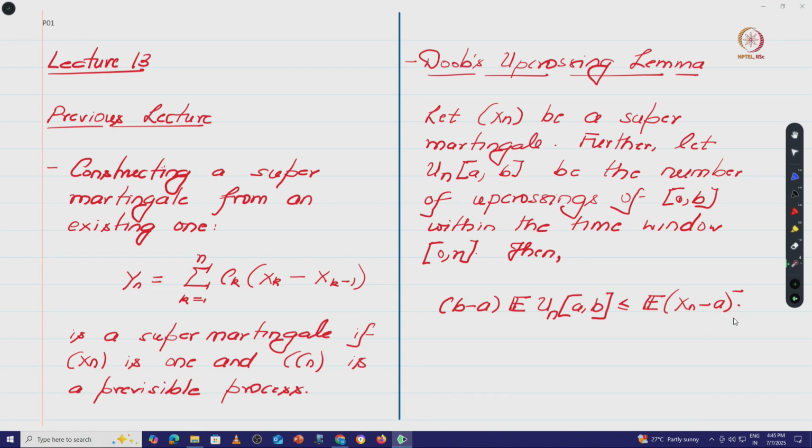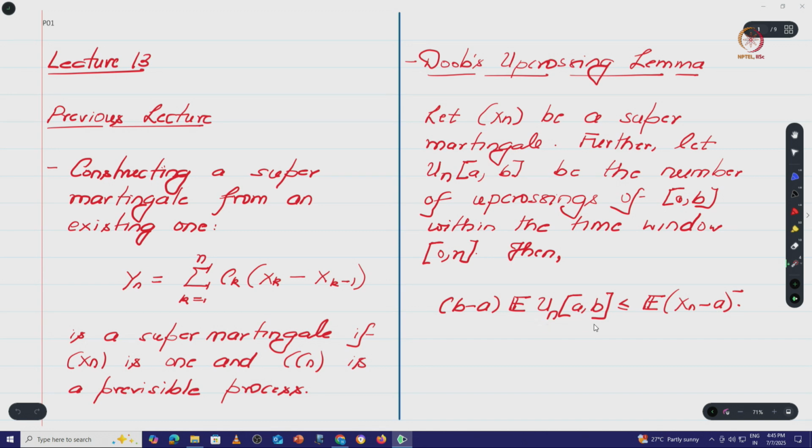As I said in the previous lecture, what is nice about this result is that U_n[a,b] in some sense tells you how many times the process Xn did an upcrossing of the interval [a,b] between the time window 0 to n. So notice that U_n[a,b] depends on what happened during the time interval 0 to n, whereas the right hand side only concerns the value of the stochastic process Xn at time n.